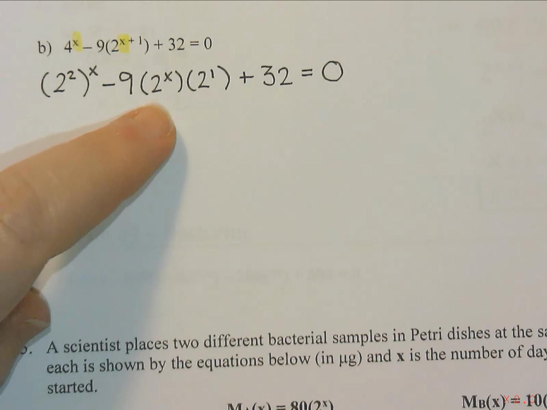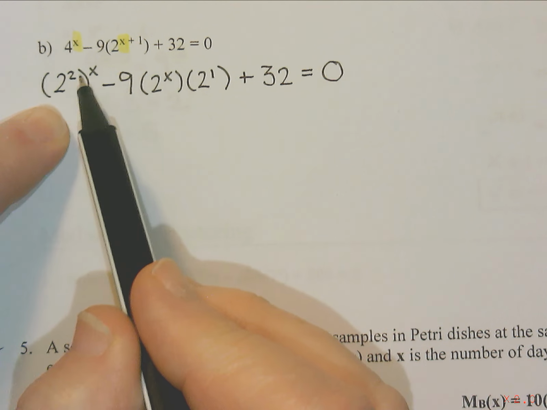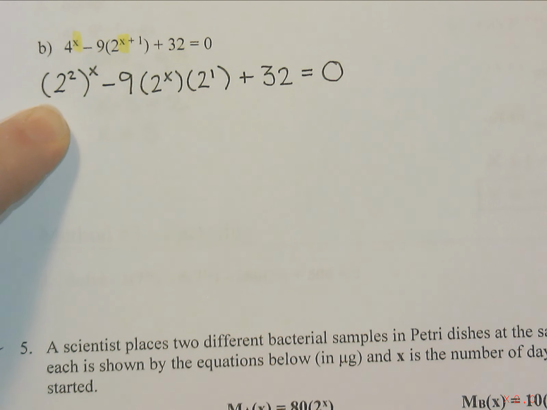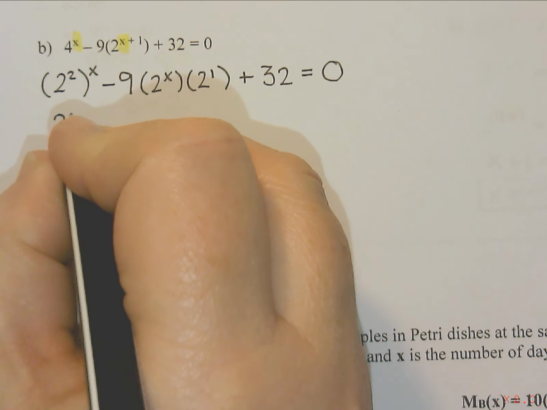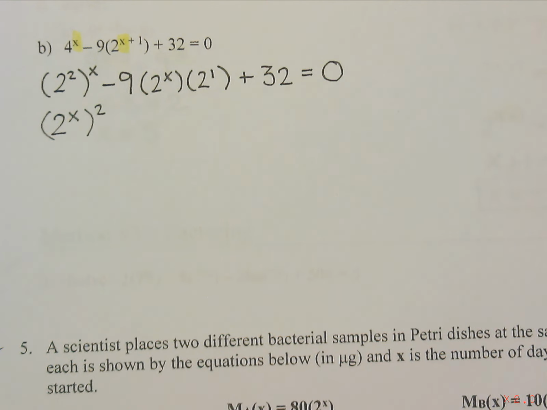Okay, I've got 2 to the x, and here I have a 2, and there is an x. When I have one base with 2 powers, it doesn't really matter which one is closer to the base. So I could rewrite that as 2 to the x to the power of 2. Whether I do 2 to the 2 to the x or 2 to the x to the 2, it doesn't really matter.